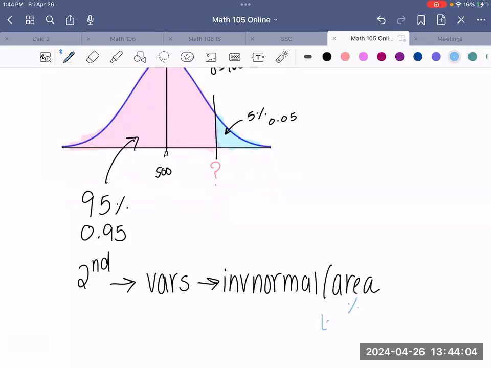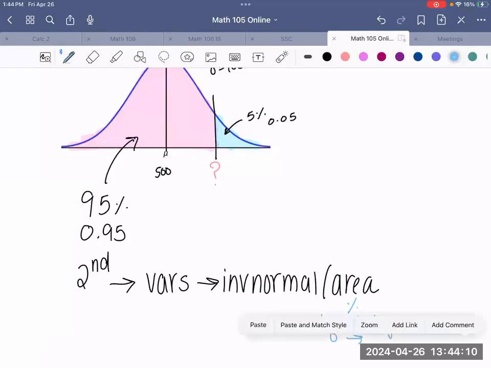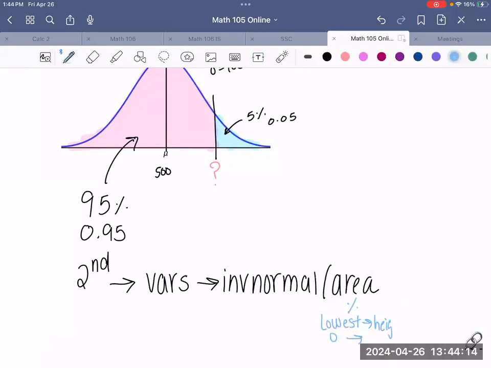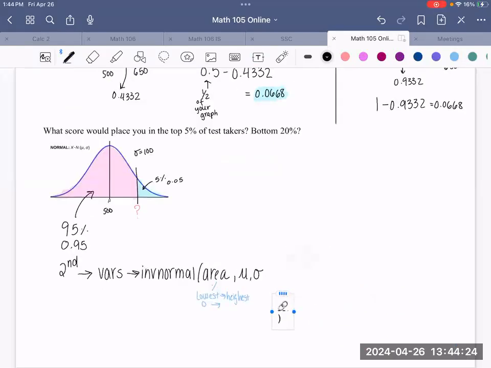So the area, comma, your mean, and your standard deviation. Hopefully I can figure out how to get that away. Okay.